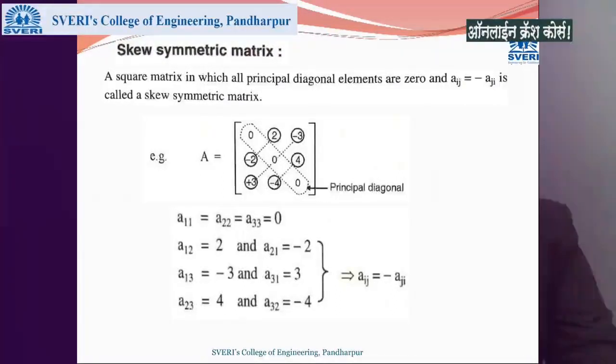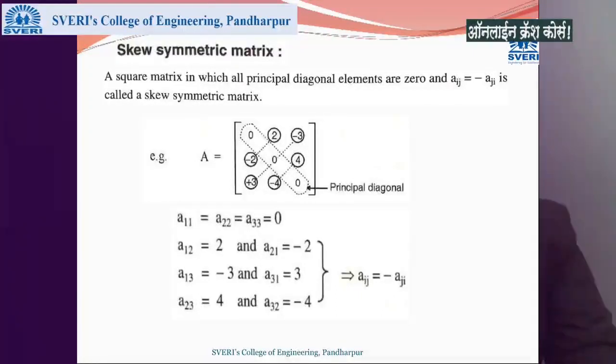What are the principal diagonal elements? They are all 0. Above the principal diagonal and below the principal diagonal, the elements are 2, minus 3, 4, minus 2, 3 and minus 4. Okay, so as we have Aij equal to minus Aji in the definition.